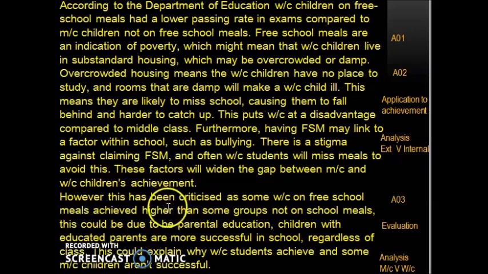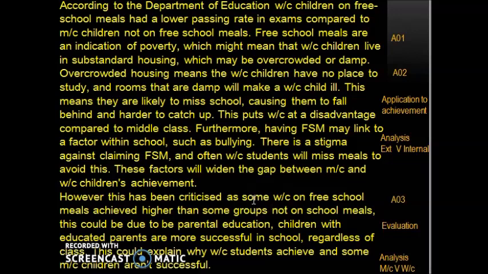However, we're keeping the evaluation point, but we're actually going to clarify why some working class kids who are on free school meals do better than some other groups that are not on free school meals. And this was from Feinstein. Feinstein did a little bit of research on this, and he identified that regardless of poverty, if you have got educated parents, children with those educated parents are more successful in school regardless of their class.